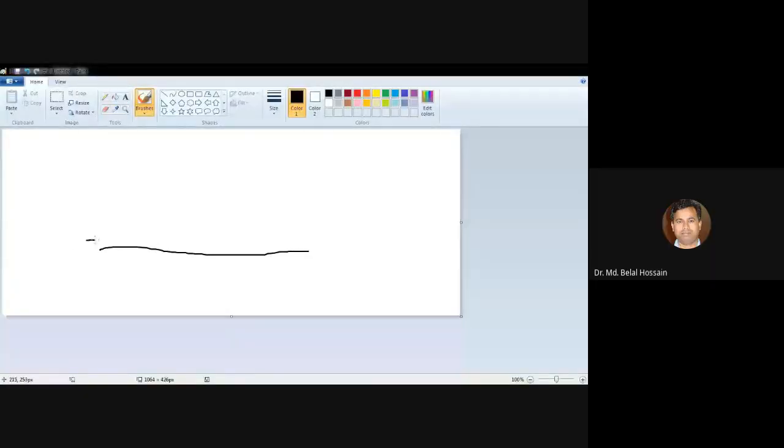Consider this is a probability function. This is a normal distribution in general. I cannot draw it correctly, but this is mu, in the middle.